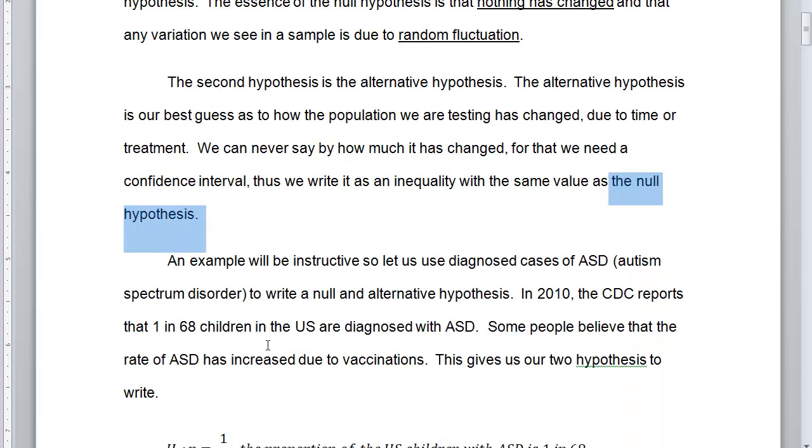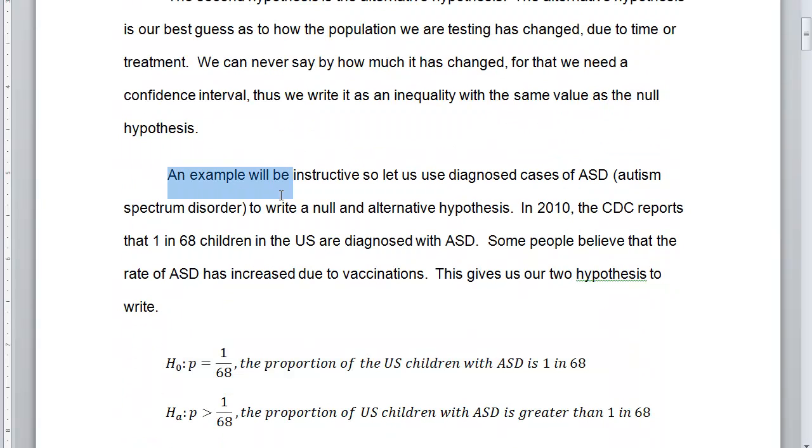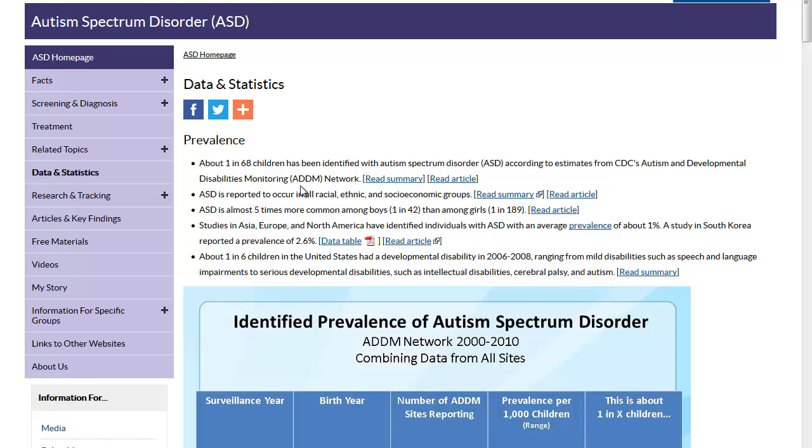Alright, so an example will be instructive. Let us use diagnosed cases of ASD, which is autism spectrum disorder. And I'm going to pause right here and switch over.